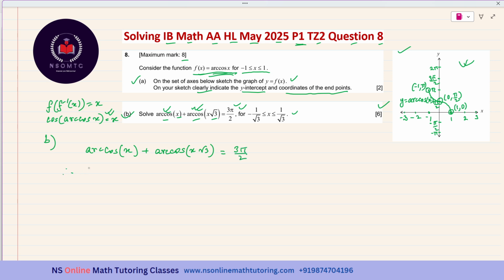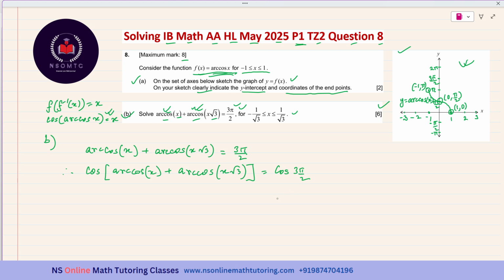Therefore, cos of arccos of x plus arccos of x root 3 should be equal to cos 3 pi over 2.